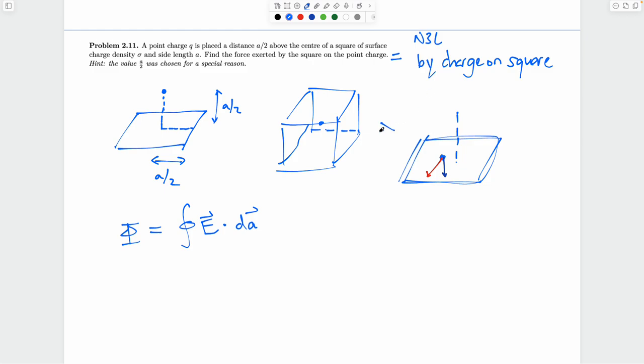And the special value of A means that the charge is right in the middle of a cube. Then by symmetry again, the flux through one face is just the total flux divided by 6, because there are 6 faces. So the flux through one face is Q over epsilon naught divided by 6.